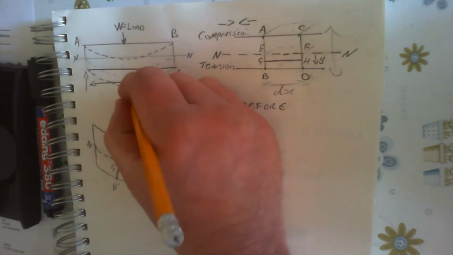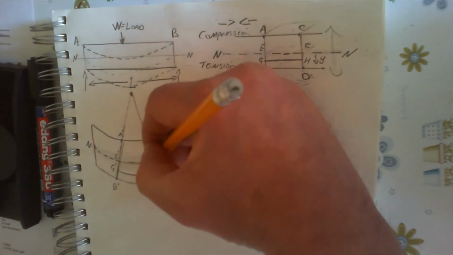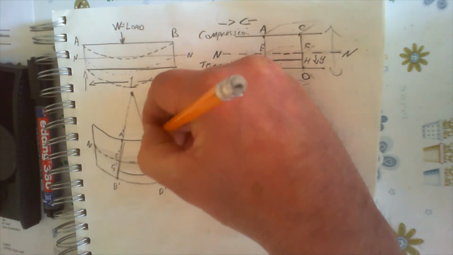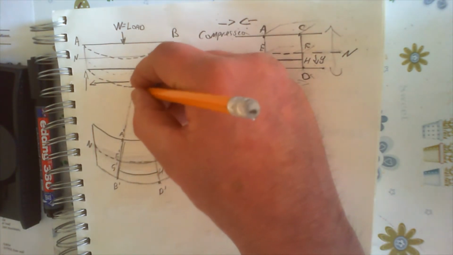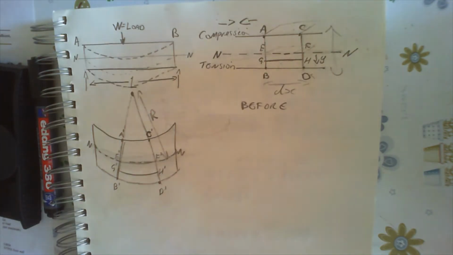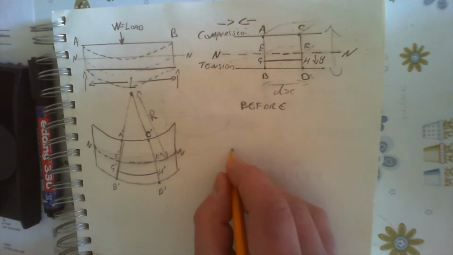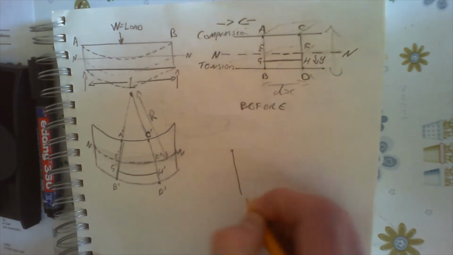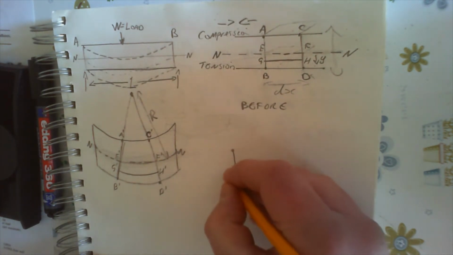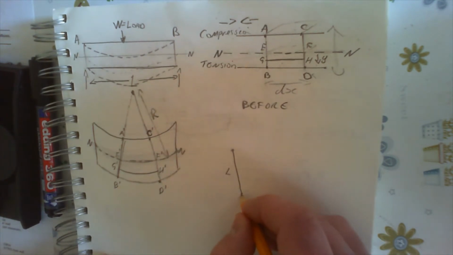Here's the centre of curvature, and this distance up here is called the radius of curvature. Now, imagine you've got a line here of length L, and you start to rotate this round.